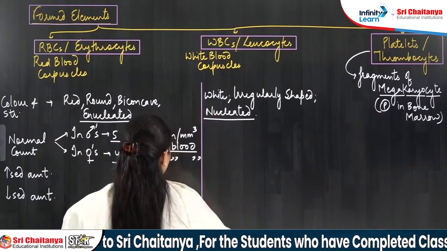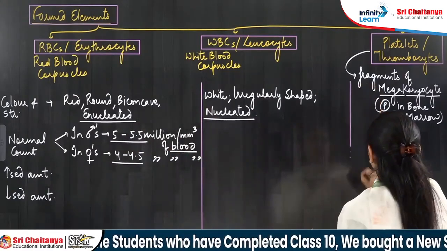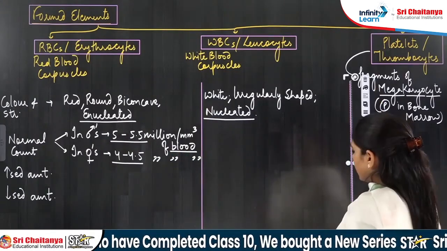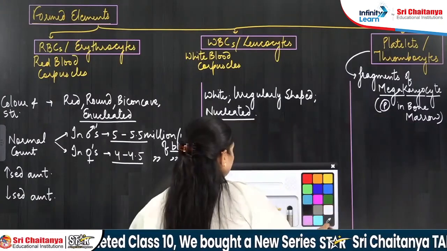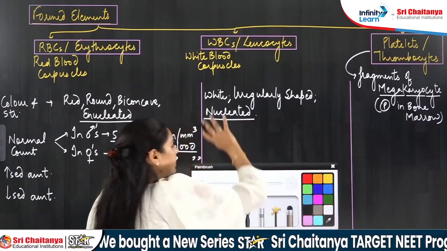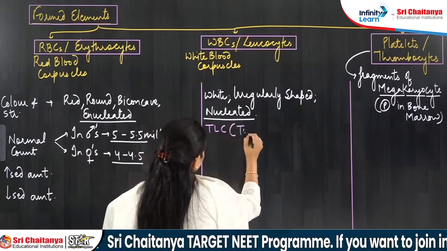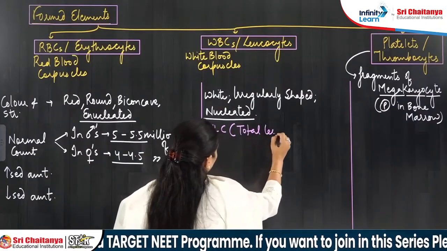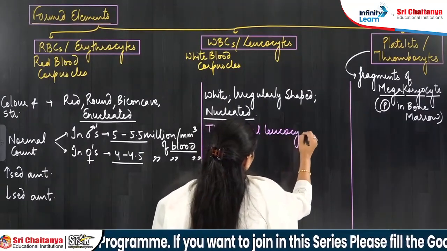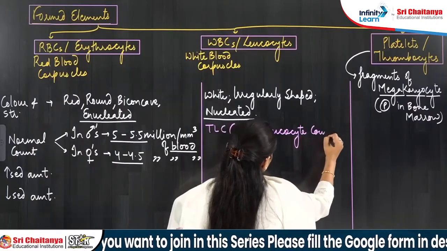If you see the WBC, beta, then how much is the WBC? The total leukocyte count, TLC, stands for total leukocyte count.